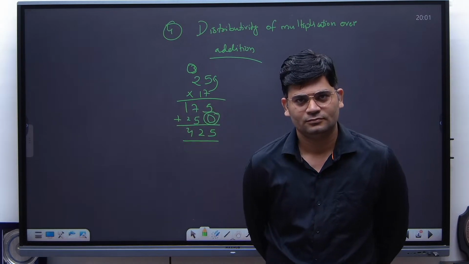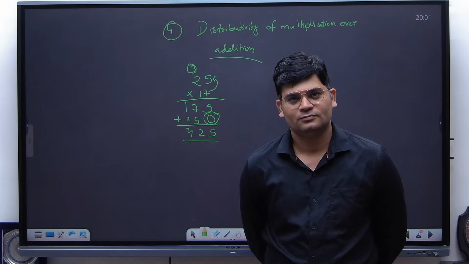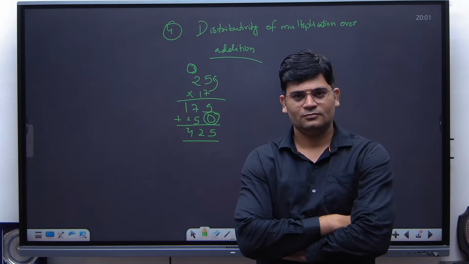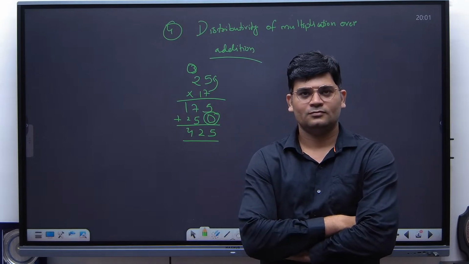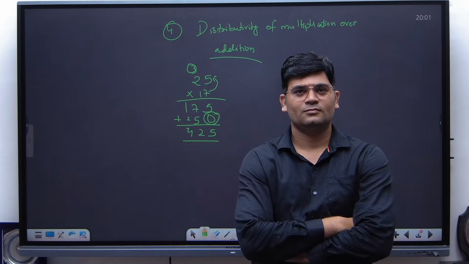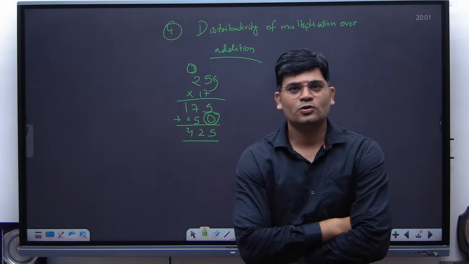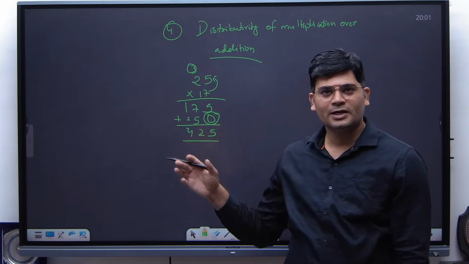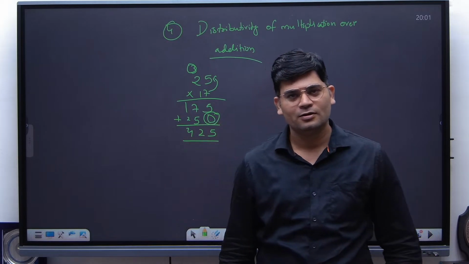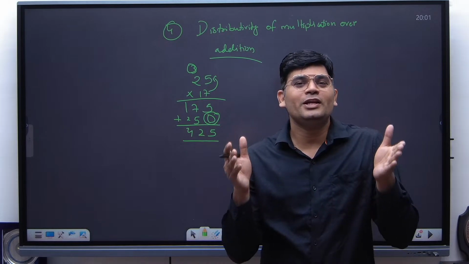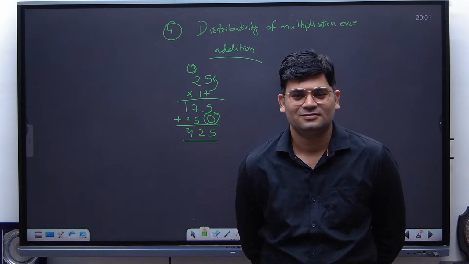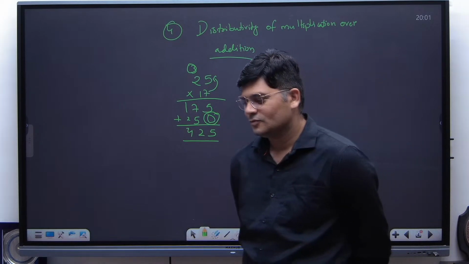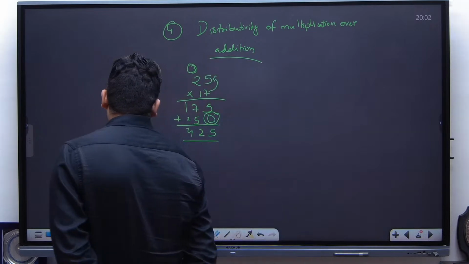The reason we add 0 is because the first time we are multiplying 25 by the ones digit, and the next time we are multiplying by the tens digit. So you are telling me that the 0 is for the tens digit, because when we multiply a number by 10 we just add a 0, right? Very good. Why do we need to add these two numbers then? Because we are splitting 17 into 10 plus 7. Wonderful.